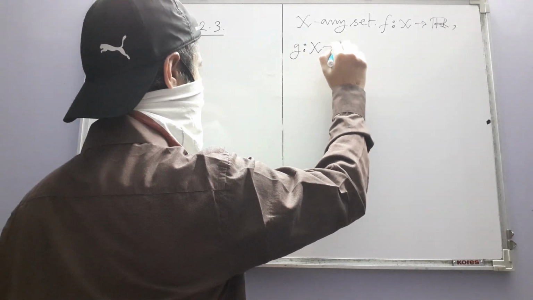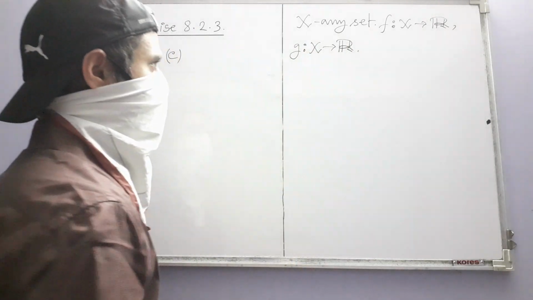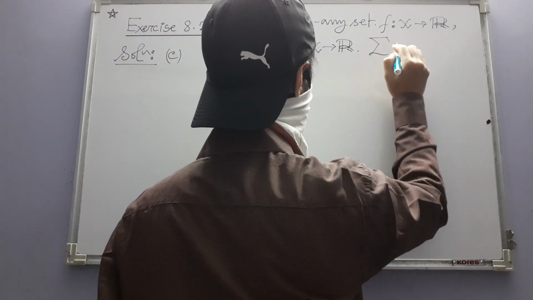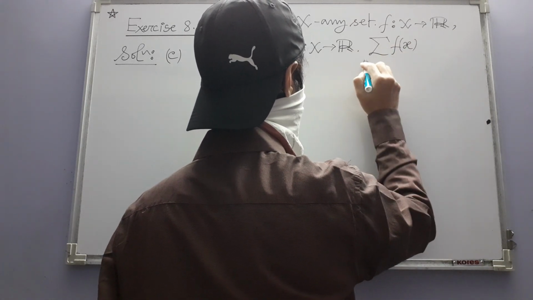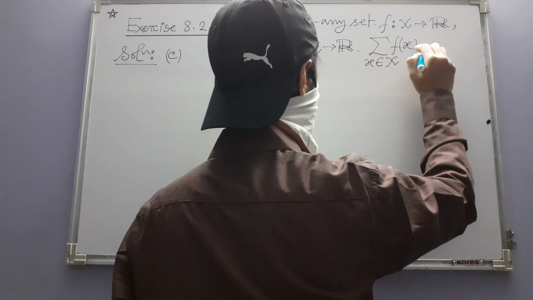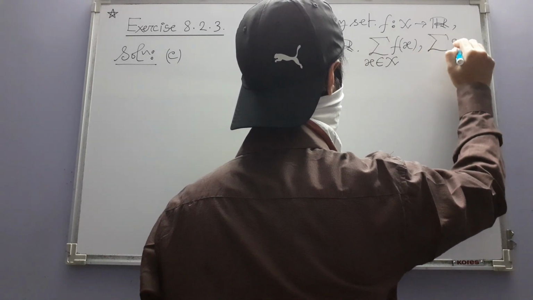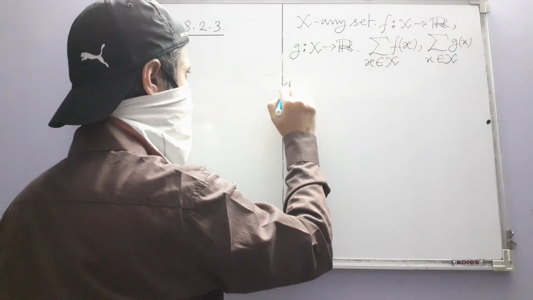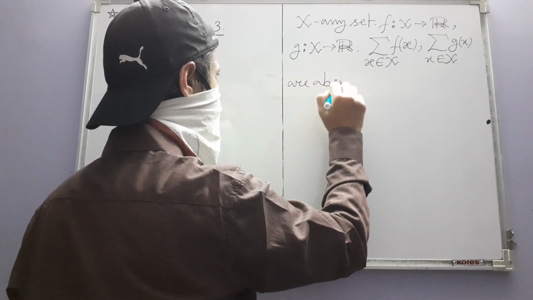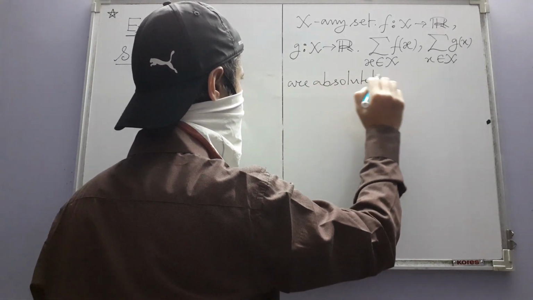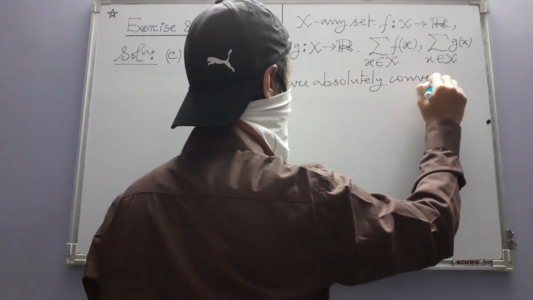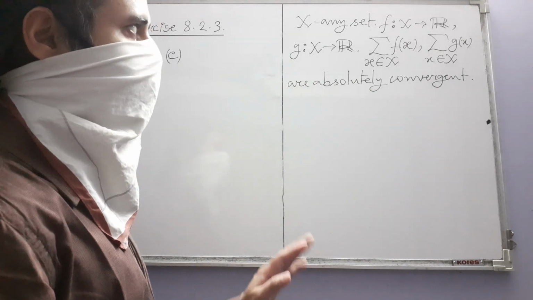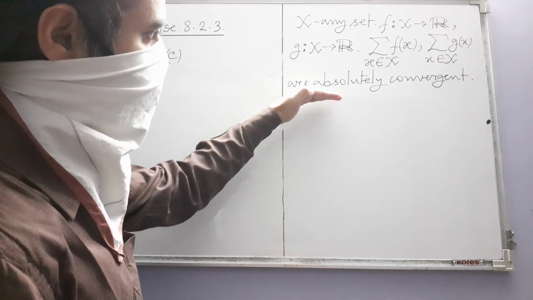They have X as their domain, such that these two sums are absolutely convergent. This one and this one. They are absolutely convergent.